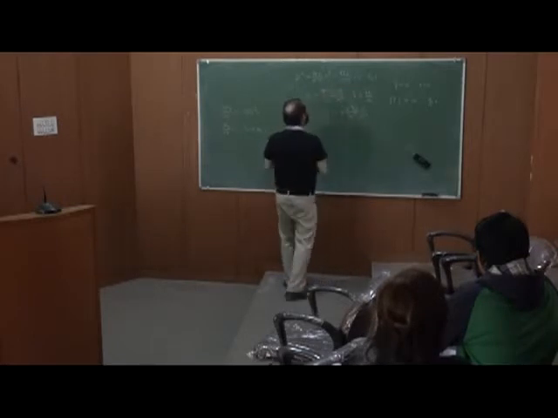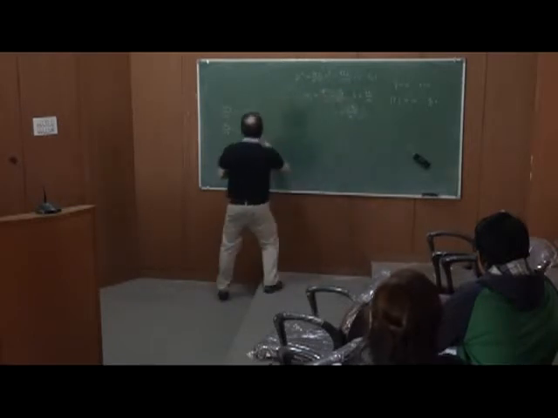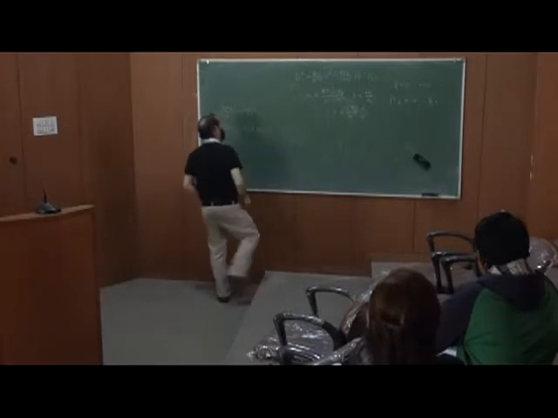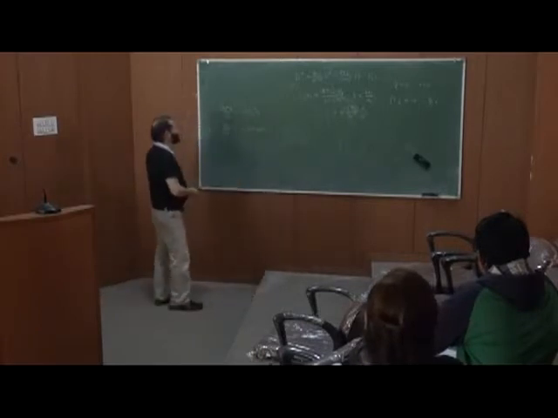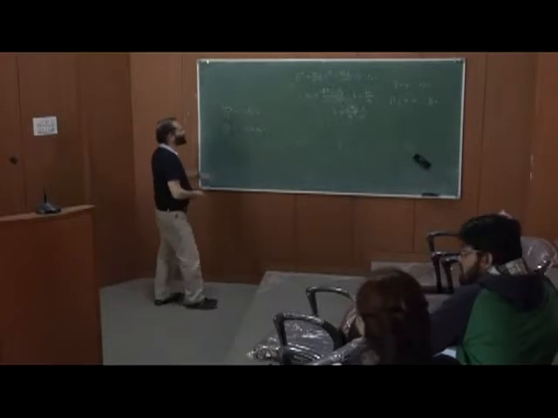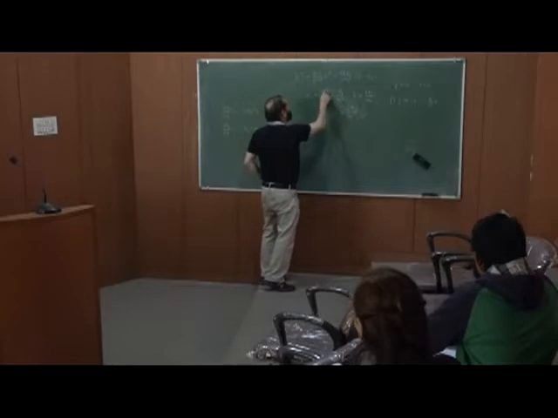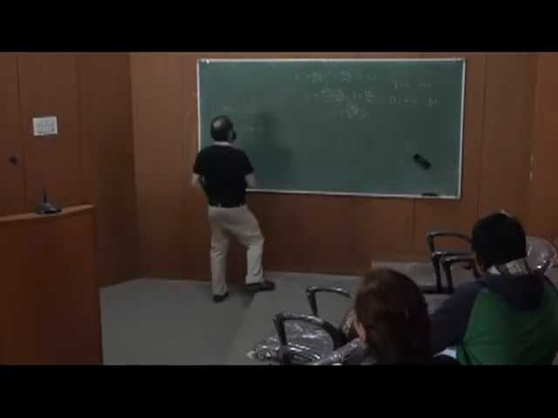Let's keep it, it doesn't matter. So here it's mu plus lambda. Although there are good reasons to keep the 4, let me keep the 4. This is lambda.